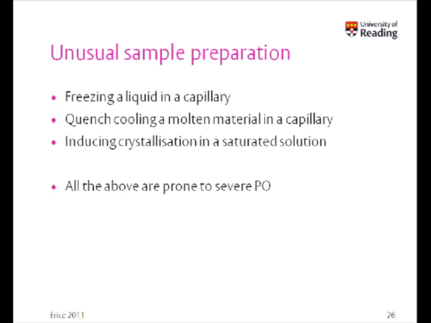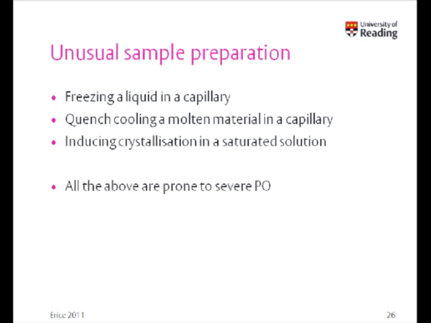We've done a few unusual sample preparations. The first two are basically the same thing: freezing a liquid or quench cooling something that you originally melted and then froze within a capillary, or inducing crystallization in a saturated solution by freezing it.